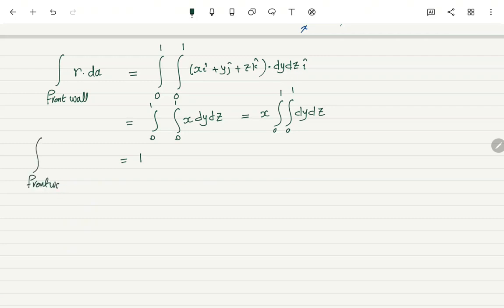Therefore, the integration over front wall r dot d area is equal to 1.